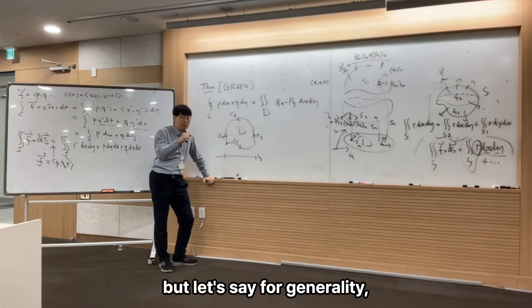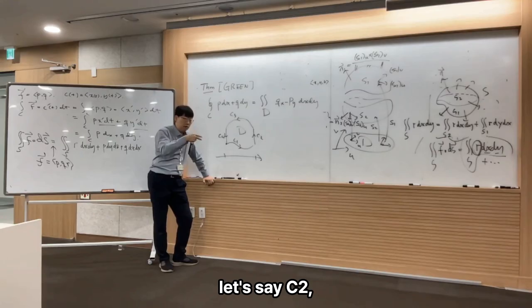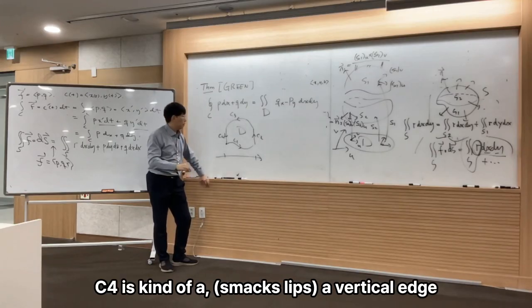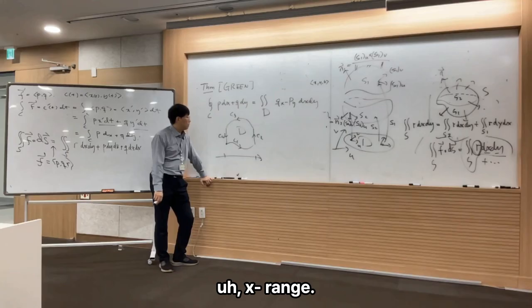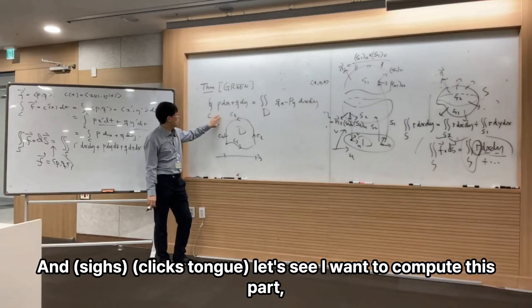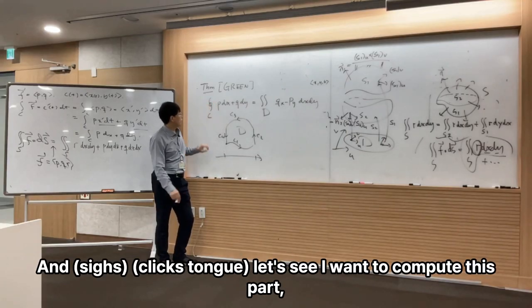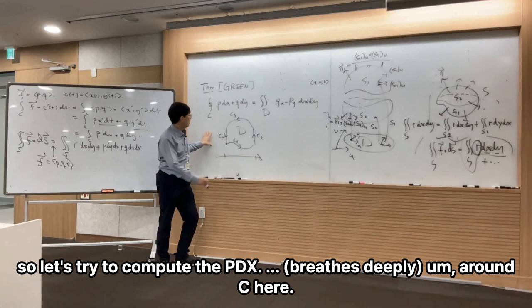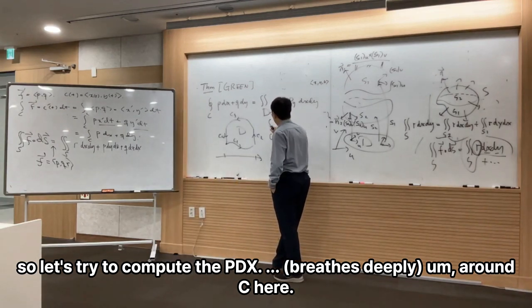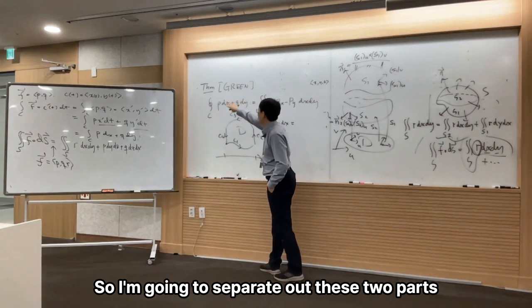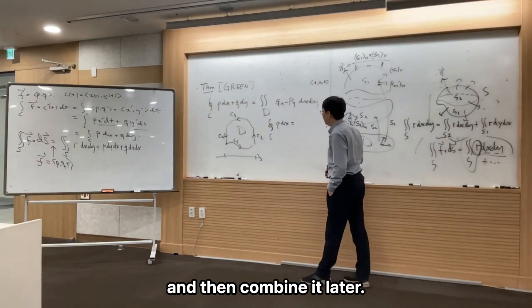But for generality, let's say C2 and C4 are vertical edges around the boundary of this x range. And let's say I want to compute this part, the left-hand side. So let's try to compute the P dx around C here. I'm going to separate out these two parts and then combine them later.